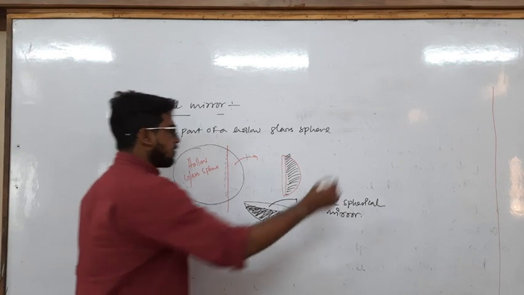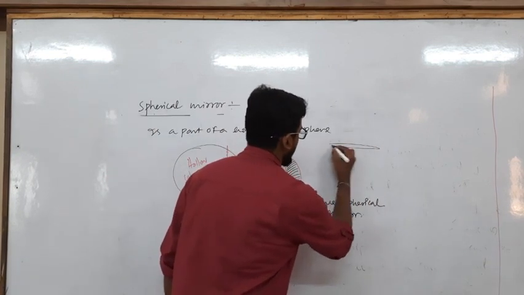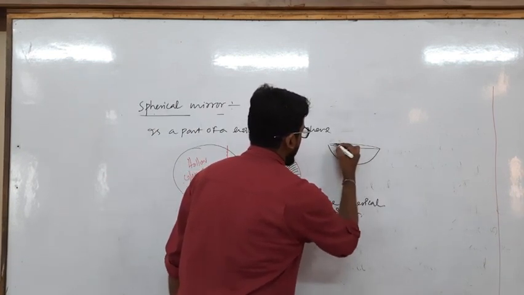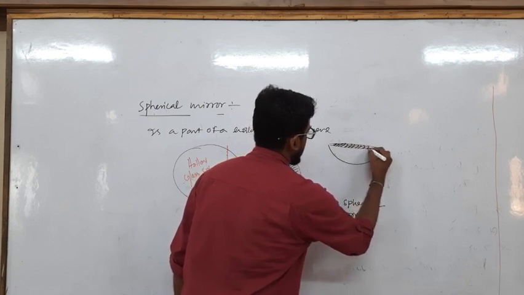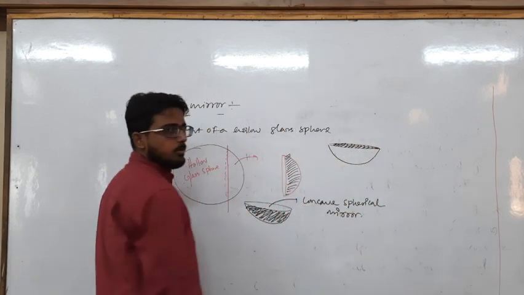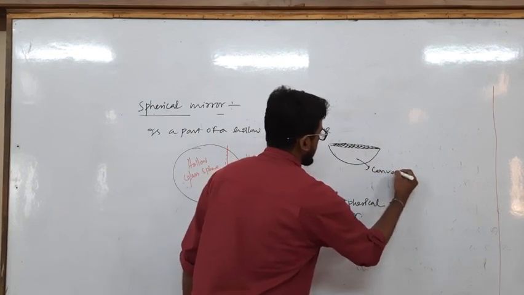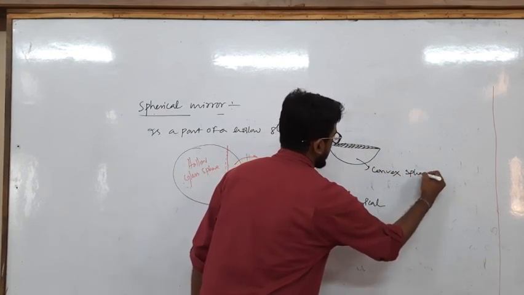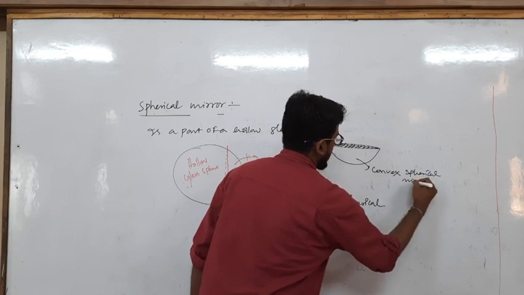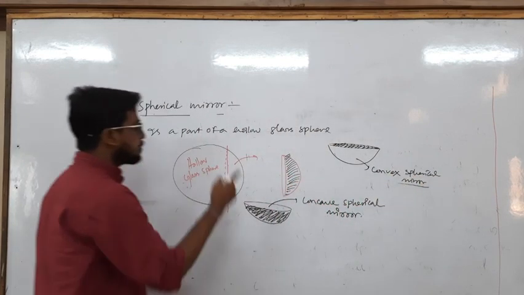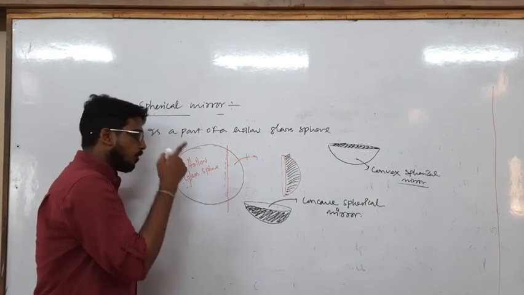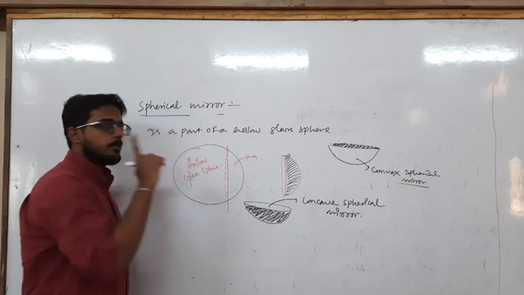And in reverse, if the inner surface becomes opaque like this, so the outer surface becomes reflecting, this will become a convex spherical mirror. So basically, a spherical mirror is a part of a hollow glass sphere and it can be of two types.